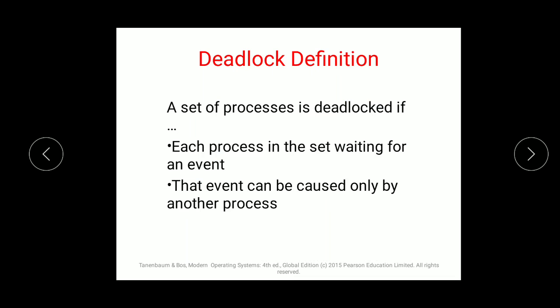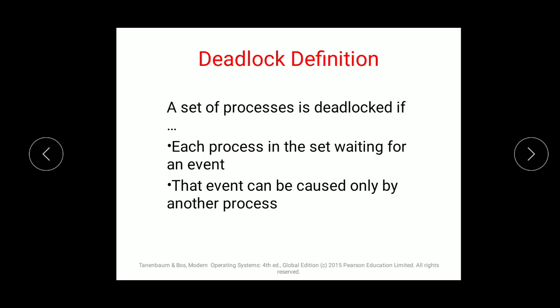So what is the definition of deadlock? A set of processes is deadlocked when each process in the set is waiting for an event. Suppose I have four processes going on at a time, A, B, C, D. Of these, A, B, C are waiting and D is working.